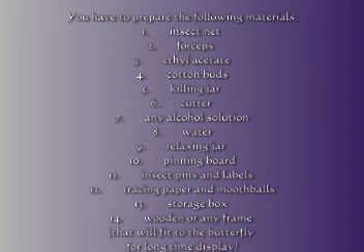You have to prepare the following materials. Number 1, insect net. Number 2, forceps. Number 3, ethyl acetate. Number 4, cotton buds. Number 5, killing jar. Number 6, cutter. Number 7, any alcohol solution. Number 8, water.